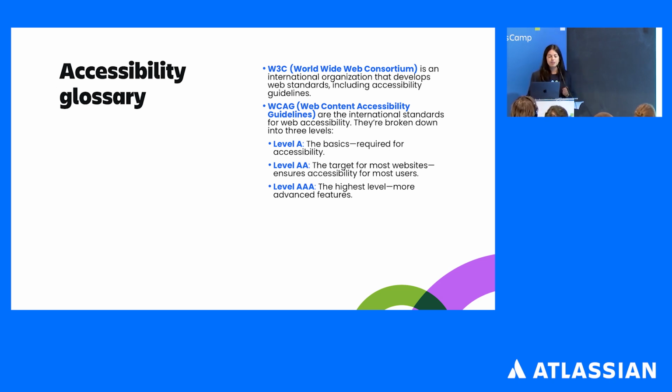Then we have level AA, which are the ones that are used in most standards and the ones that we usually try to go for. And then we have AAA. These ones are higher level, but also usually imply letting some things go, so it's not so common yet. But only talking about WCAG could easily take me over an hour, so I won't.